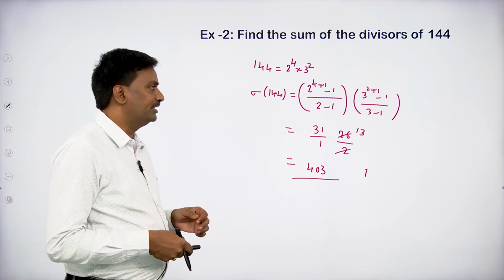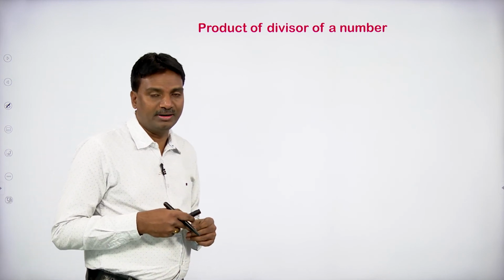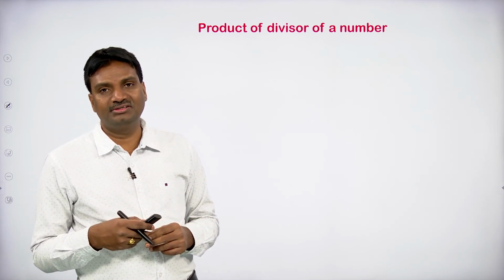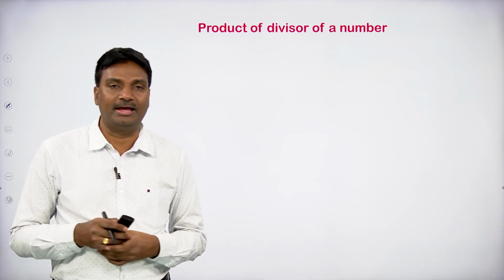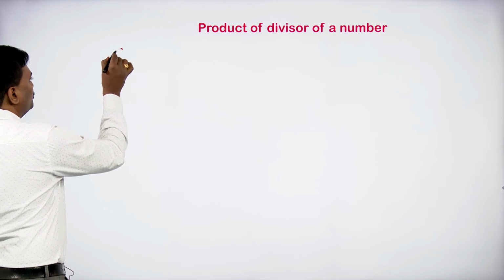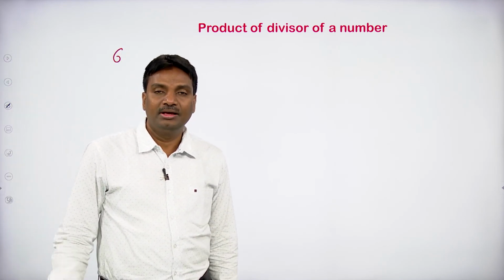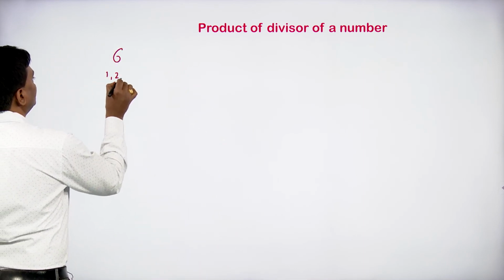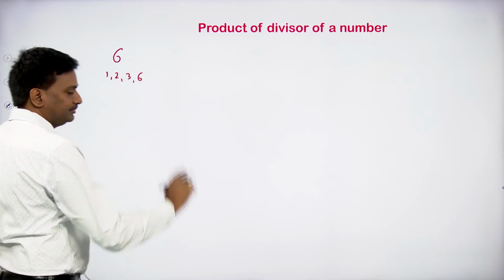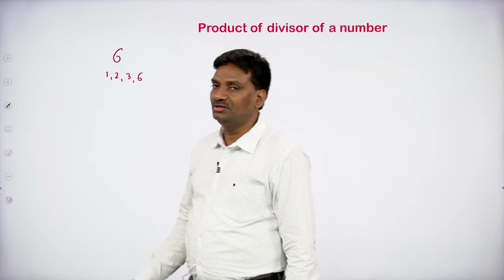Next, let us go to the next slide. Here, product of divisors of a number. We have just discussed the sum of all divisors of the given natural number n. Here also let us suppose that the number is 6. By writing all the divisors of 6, we get 1, 2, 3 and 6.